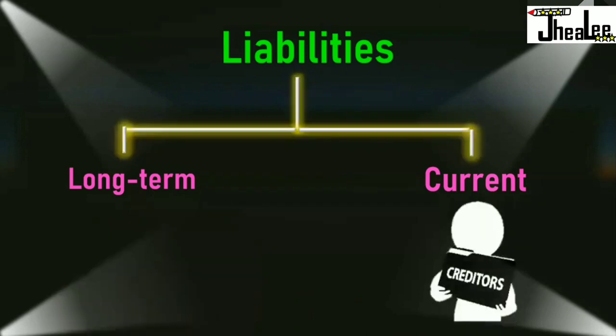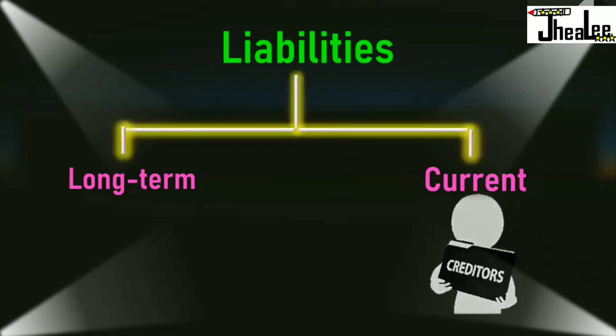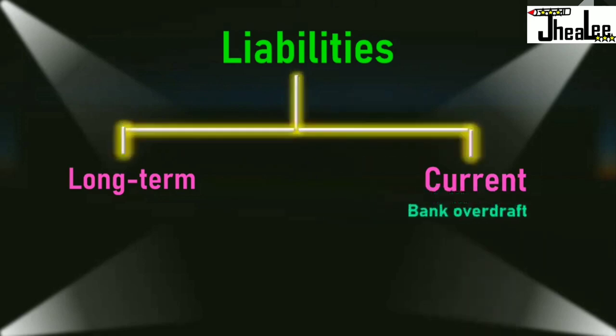For current liabilities, we have creditors. Creditors, whatever is owing to these individuals must be paid within the year. As a matter of fact, a business would want to repay whatever they're owing to the creditor in the shortest time possible because they want to maintain that relationship with that creditor. Another current liability we have is bank overdrafts.